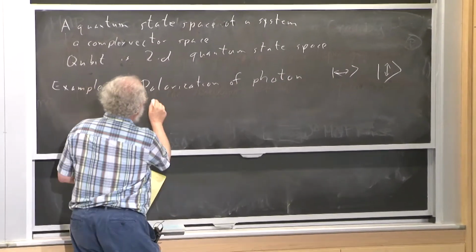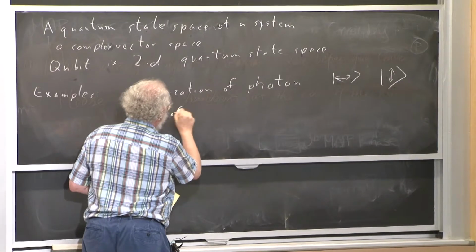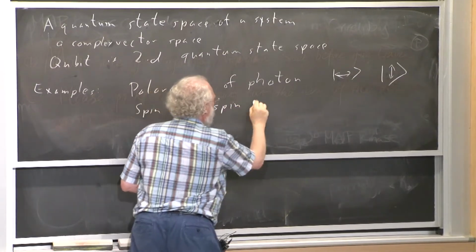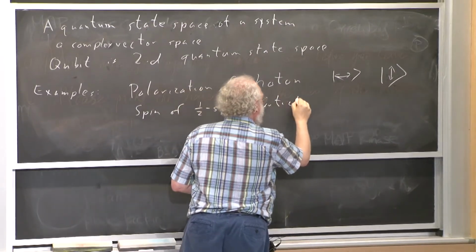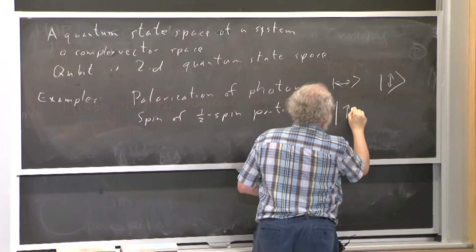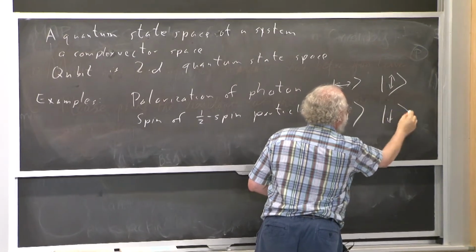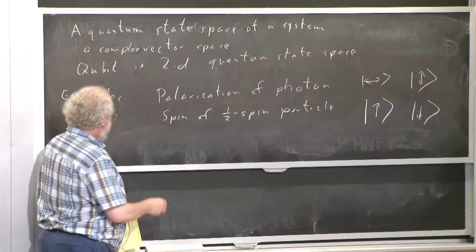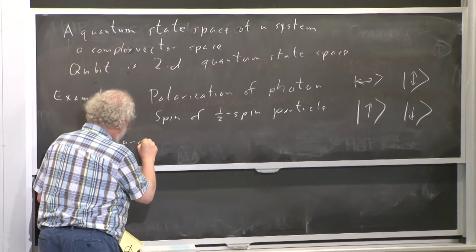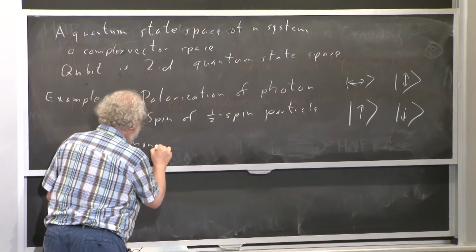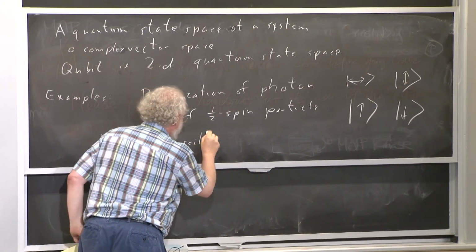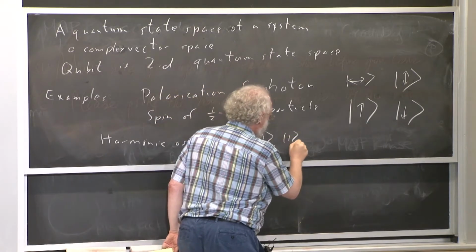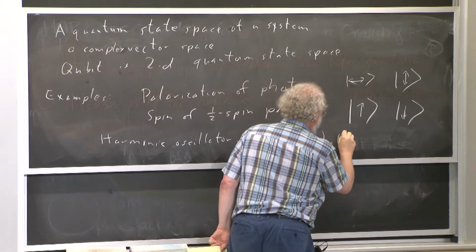A spin 1/2 particle: the quantum states are up and down, and these are the basis states of the quantum state space. And a harmonic oscillator: 0, 1, 2, 3.